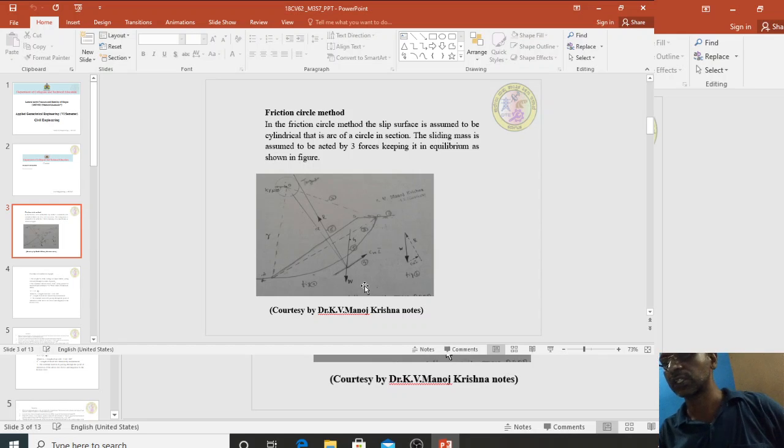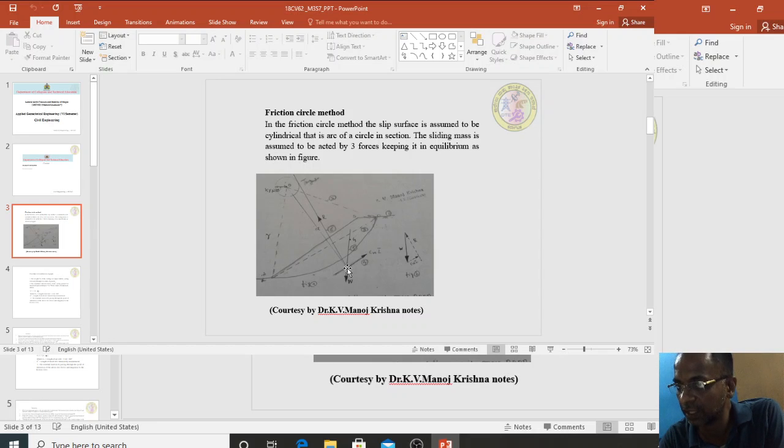Okay. Next, the resisting force Cm into L bar we have to write. Cm into L bar is at a distance of a, where a is equal to R into L curvilinear divided by L straight line. L curvilinear is equal to pi R delta by 180. L straight line is equal to AD. As the curvilinear length is greater than the straight line length, this a is greater than R. So draw a line perpendicular to AD.